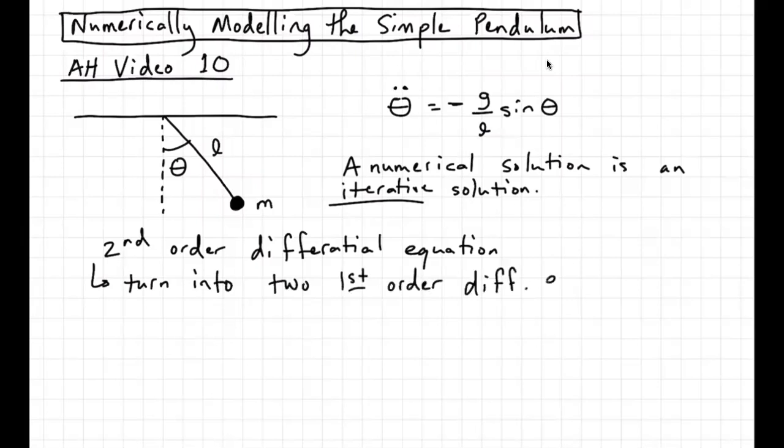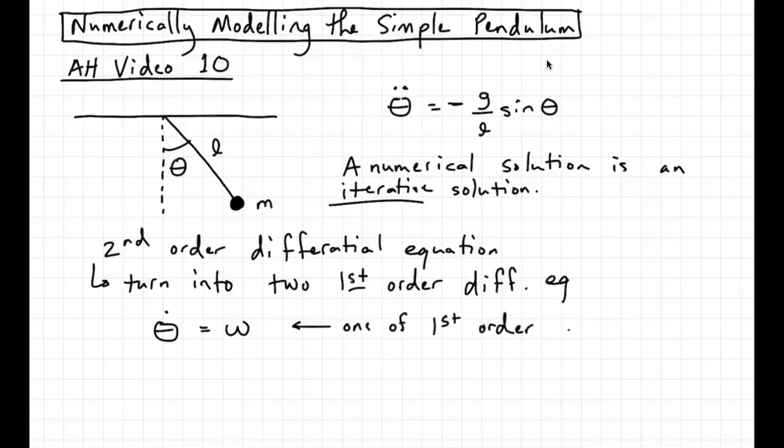So a first order differential equation is one that has a first derivative as the highest order derivative in it. So what we're going to do is define omega. So omega is just the rate of change of theta. So theta dot, the time rate of change of theta, is equal to omega. So omega now becomes another variable in our system that we're going to work with and update at each time step.